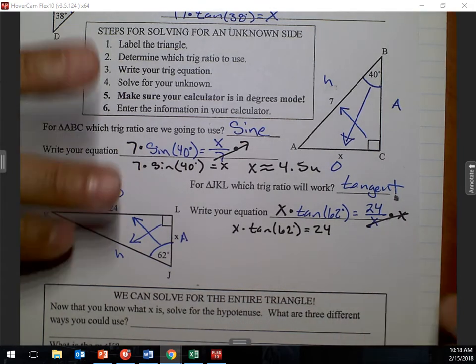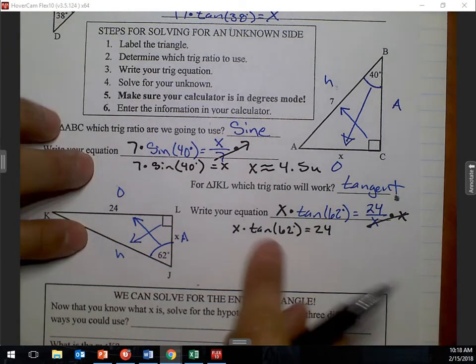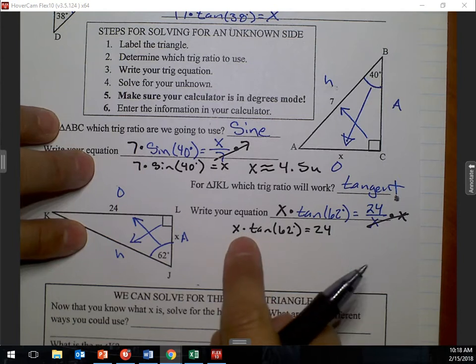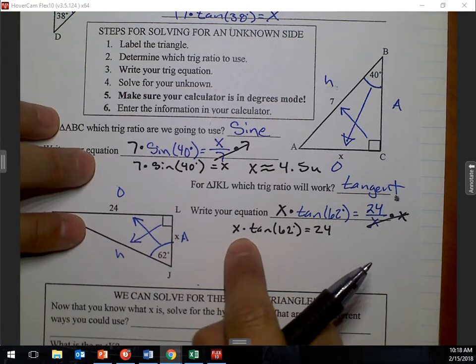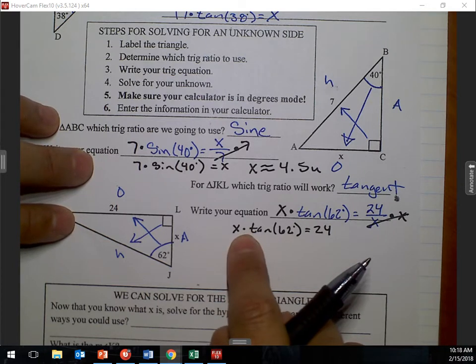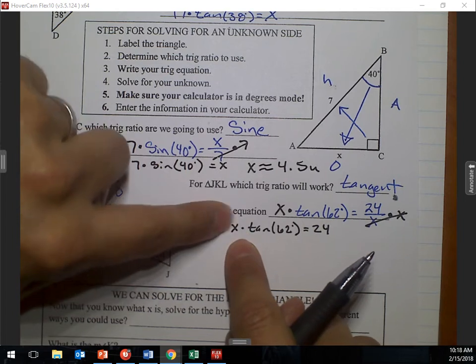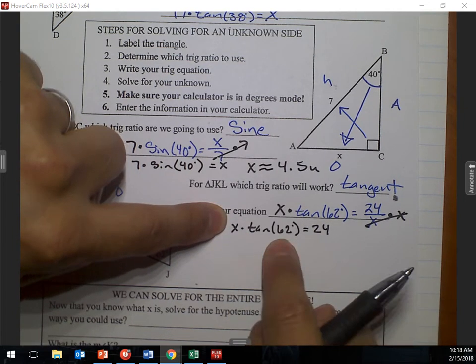Now this is the point that I was actually trying to make. Is my variable by itself? No, it's not. What is my variable doing here? Multiplying, right? Class, am I paying attention here? I'm hoping everyone. So this is a multiplication, right? How would I undo a multiplication? Divide. So I'm not going to divide by x because I'm trying to get x by itself, so I need to get rid of this, right?